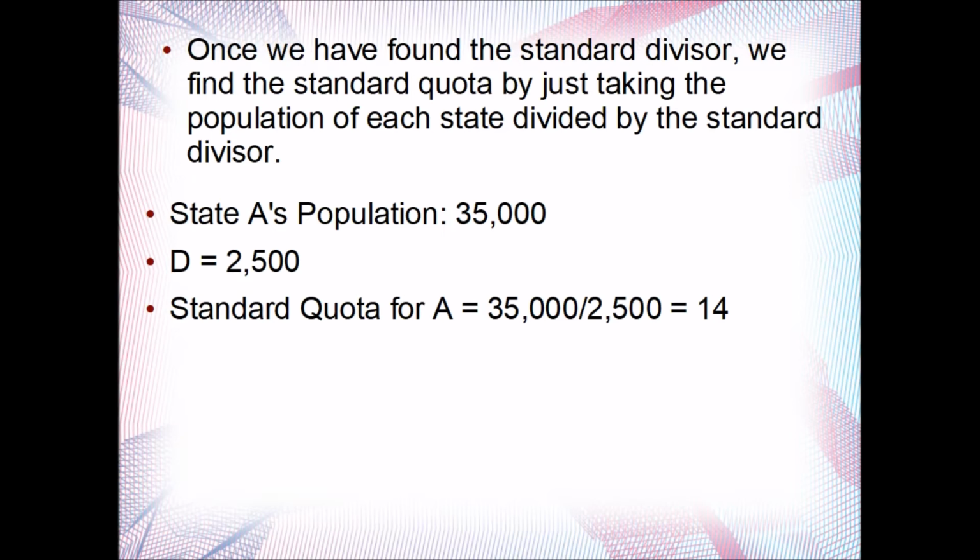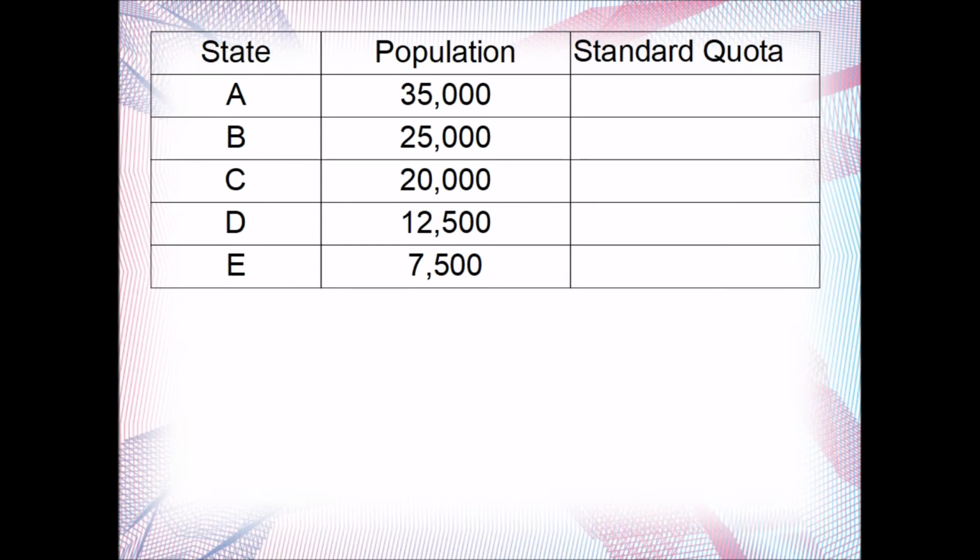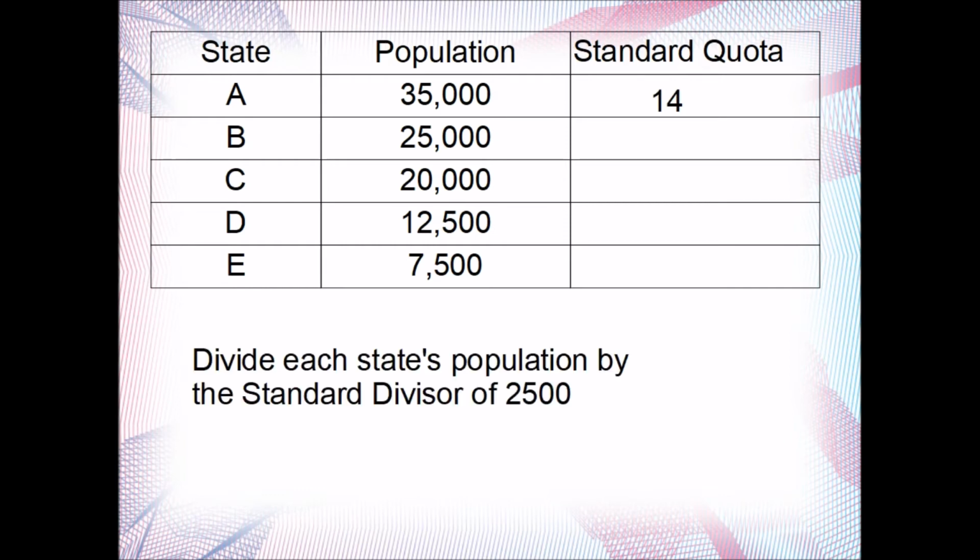So that's good. If you are analytically minded, you can actually determine that the two different methods are more or less doing the same thing, just in a different order. Or if you don't care, don't worry about it. So I am going to go through and determine the standard quota for each state. We already figured out State A is 14. To determine the other ones, all I need to do is divide each state's population by the standard divisor, which is 2,500.